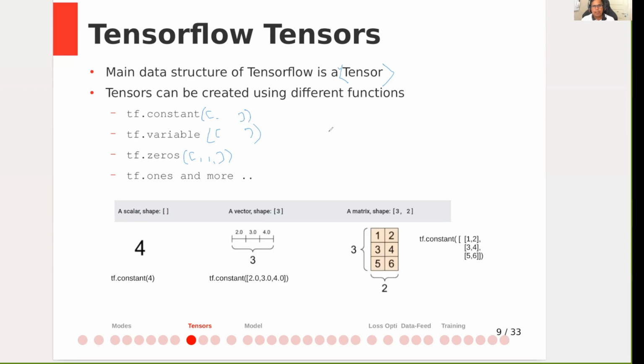But a tensor is a generalization of a matrix. If you start with a scalar, the scalar is a zero-dimensional tensor, a vector is a one-dimensional tensor, and a matrix is a two-dimensional tensor.